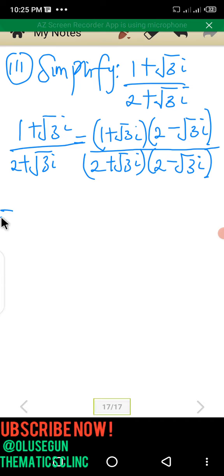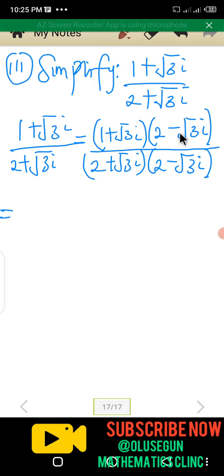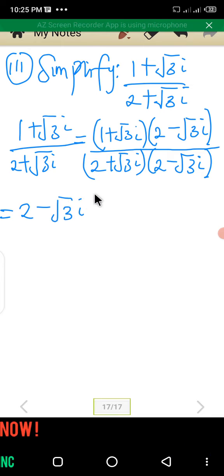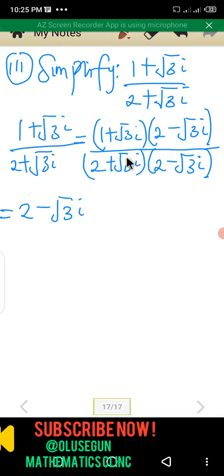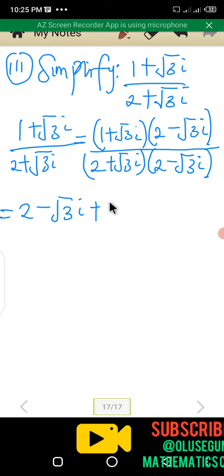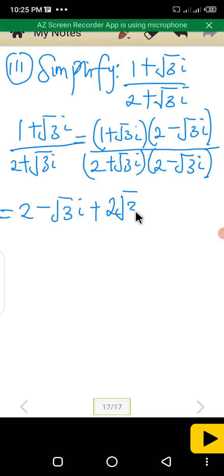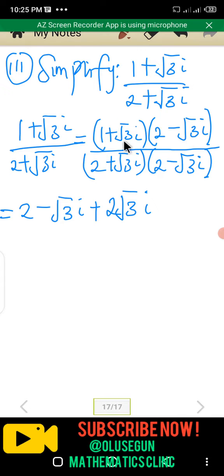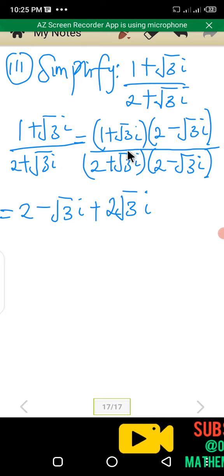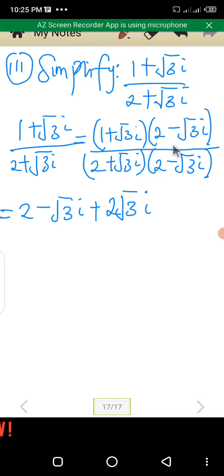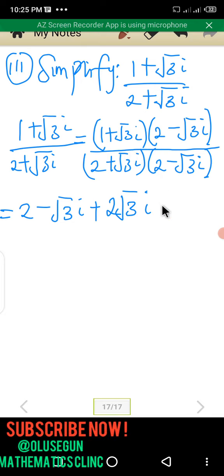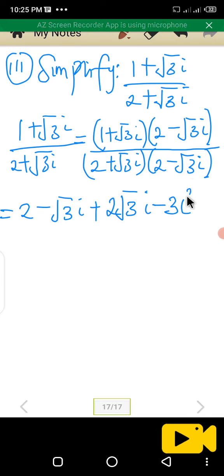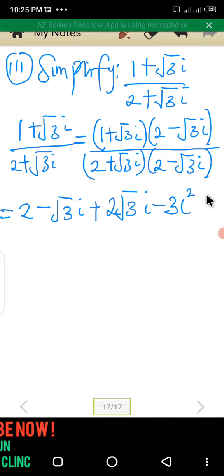In the process of expansion, 1 will multiply all through to be 2 minus root 3i. Root 3i will multiply to give you plus 2 root 3i. Root 3i times root 3i gives you minus 3i squared, because the root cancels the root.